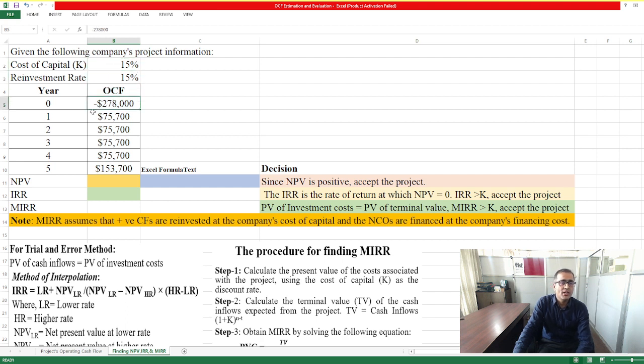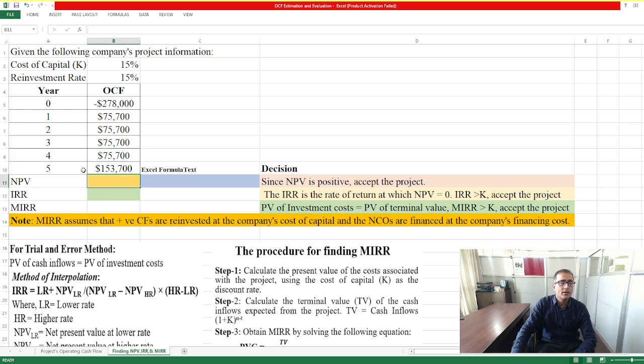Our initial investment, at time period 0, because we always make investment today for the future, is 2,78,000. That is our NCO, net cash outlay, and it is expected that each year it generates a cash flow of 75,700, while at the end of the year it generates 1,53,700.